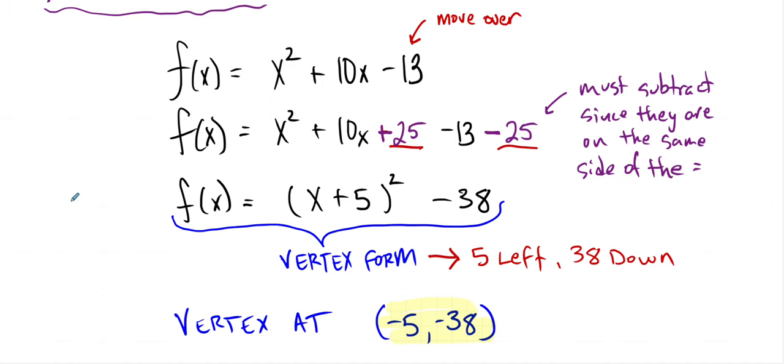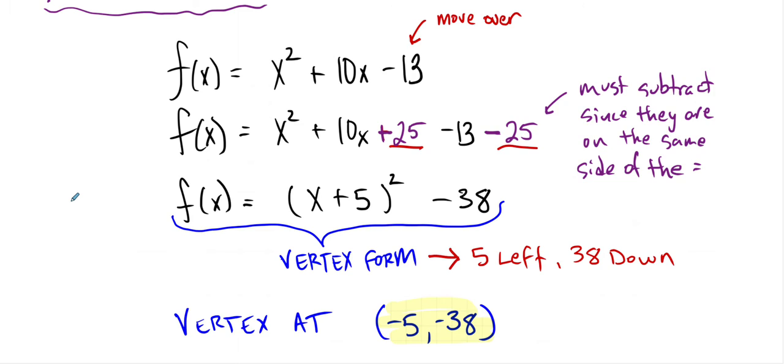Now the first thing you're gonna see is that minus 13, we would usually add it to the other side so that we can kind of make space for completing the square. But you can't add it to the other side on this one because that's like the y equals. If you add it to the other side, your equation won't really make any sense.